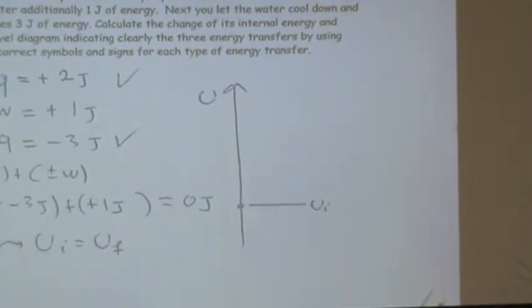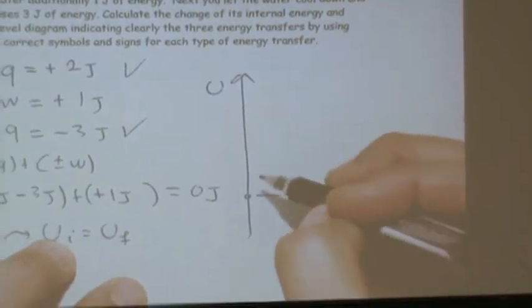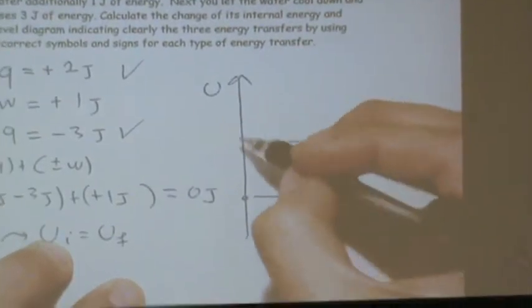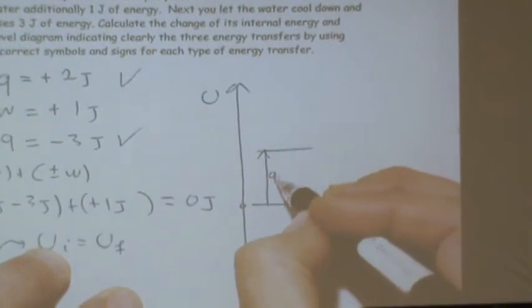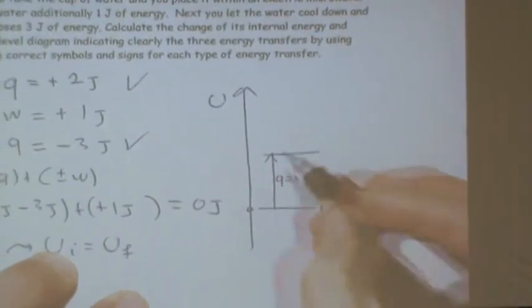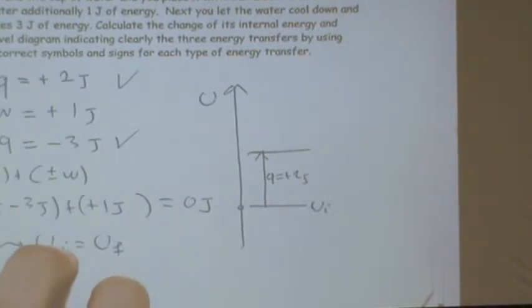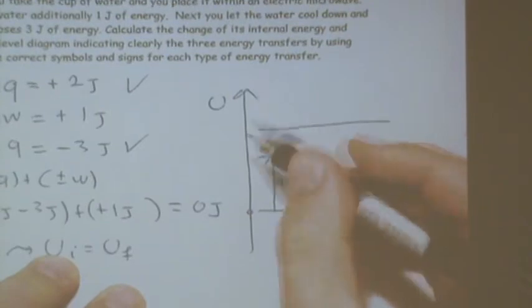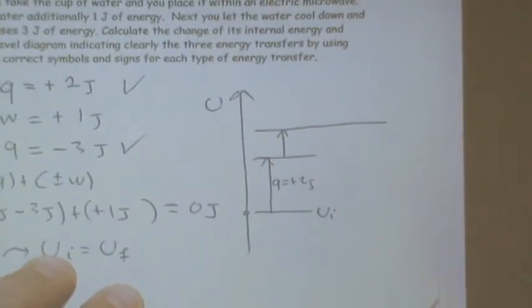And what do I do? I add 2 joules, so that will go up. And then I add 1 joule, half of it, so this should be half. And it's addition, so that's why it goes up.